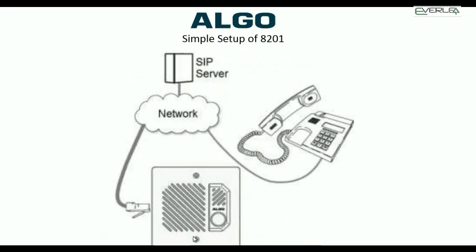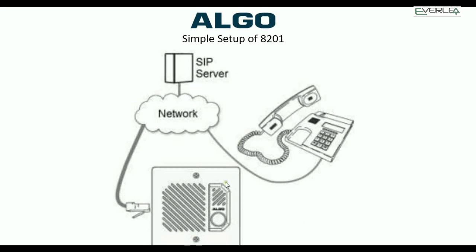If we want to have a look at how we would set it up, the simplest way is to use it as a door phone and nothing else. It doesn't have to open doors, or it can be just an intercom for someone to call and let them in, with no lock control. You would simply plug it into your network via a PoE cable. That heads off to the server.